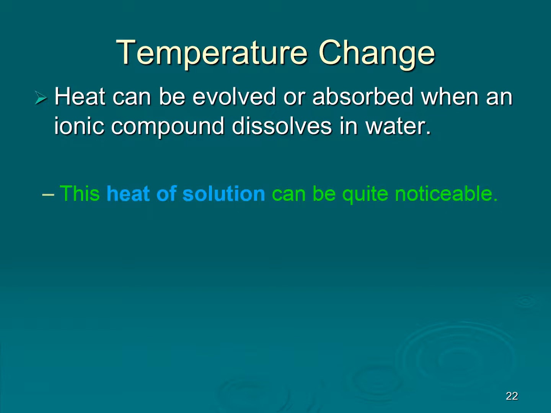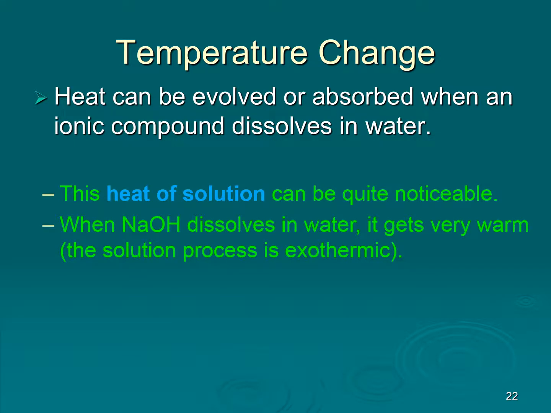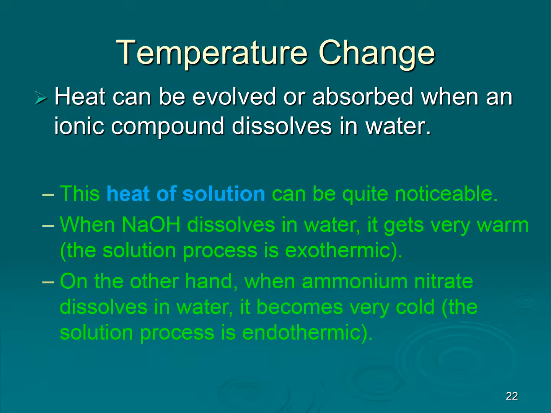It generally gets a little bit warmer. We do a lab back in the first semester where we mix different salts in water and measure the temperature change. NaOH will get very warm. So it's an exothermic heat of solution. Other compounds like ammonium nitrate, if you dissolve that in water, it will become very cold, and that's endothermic.